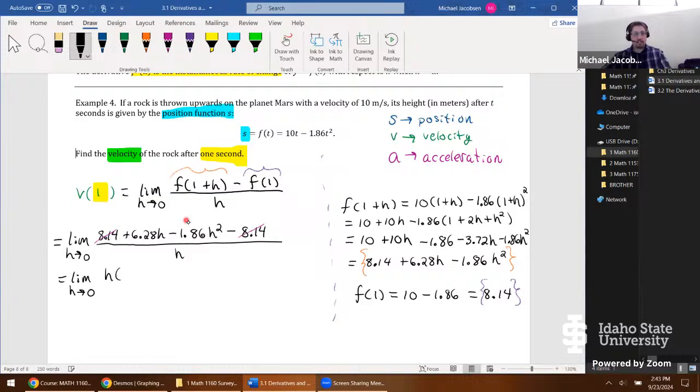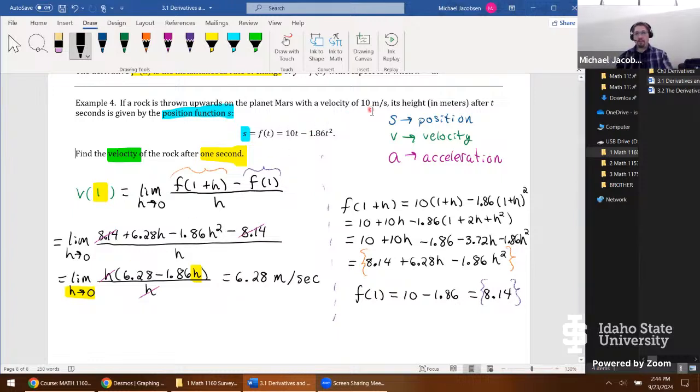Factor out h, leaves behind 6.28 minus 1.86h, all of which is divided by h, and this was our critical step. With that h canceled, we can take the limit as h goes to 0 by directly substituting a 0 right in here by that 1.86. All that's left over then is 6.28 meters per second.